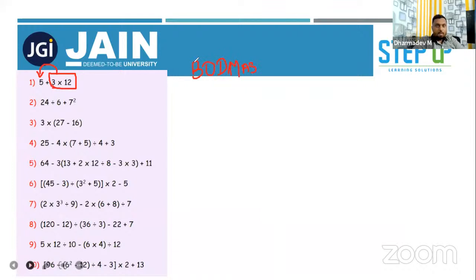Exponents, or any radicals given, I can do that. And then only B, O, D, M, A, S: B for bracket, O for of, D for division, M for multiplication, A for addition, S for subtraction. First multiply, then add it. So 36 plus 5 is 41. Clear with that, Axmed?